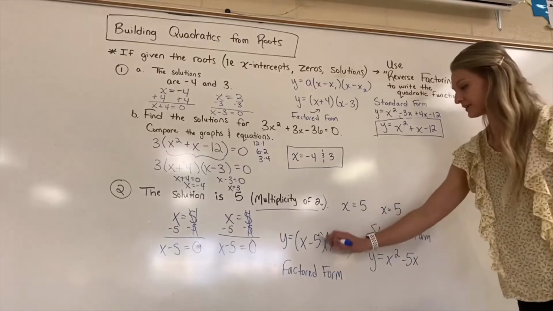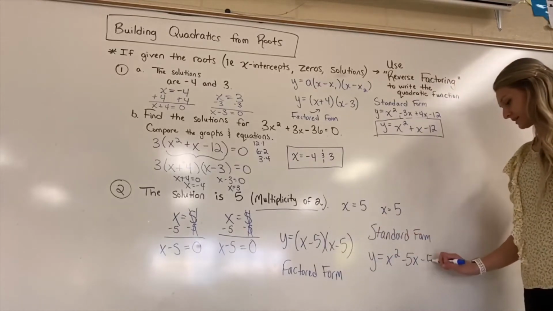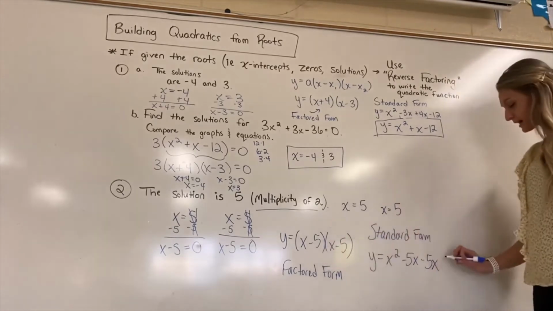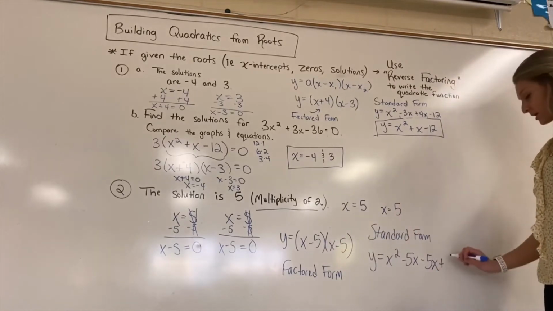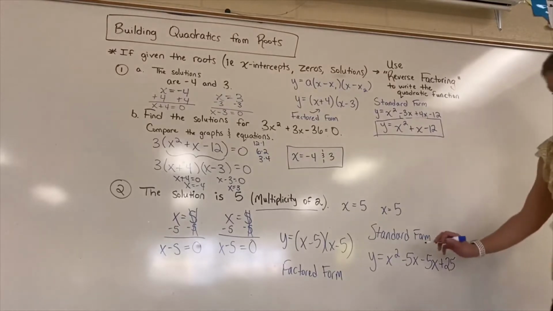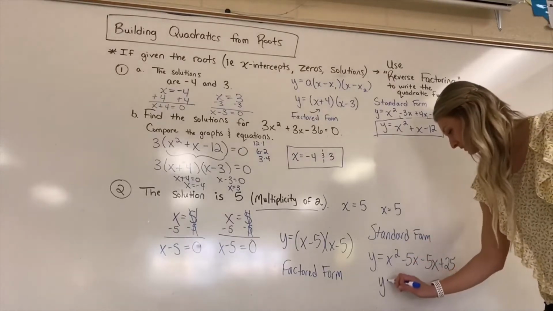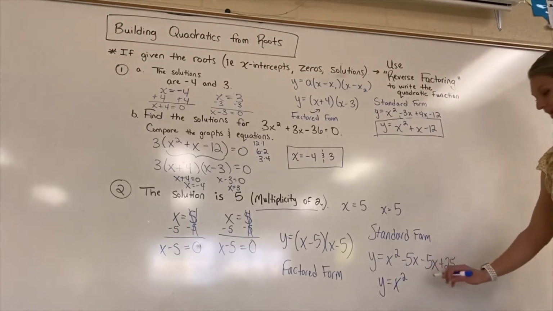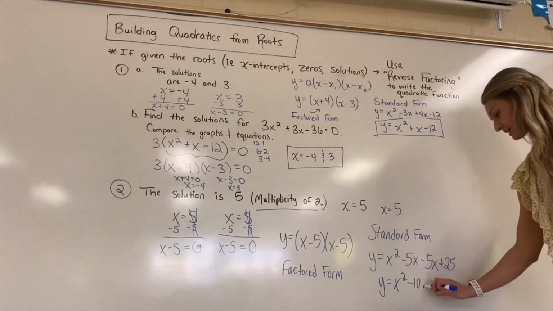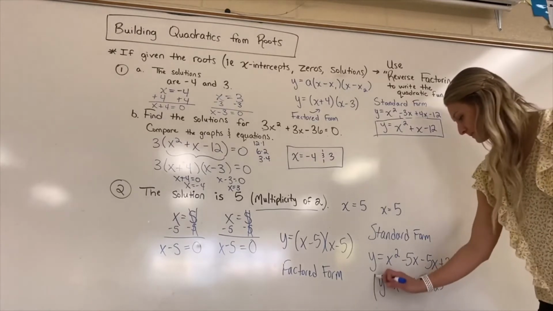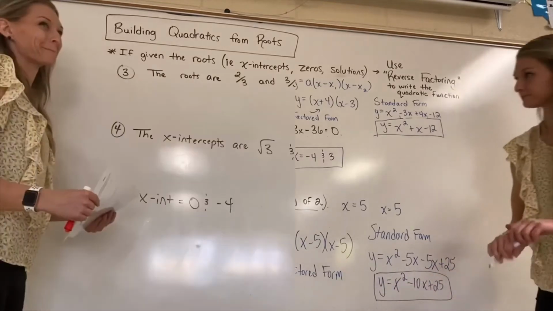So negative 5 times x, negative 5x. And then negative 5 times negative 5. A negative times a negative is a positive. And then 5 times 5 is 25, okay? Then, combine like terms. My x squared just comes down. Negative 5x minus 5x is negative 10x, and then my plus 25 comes down. So, there is my standard form.